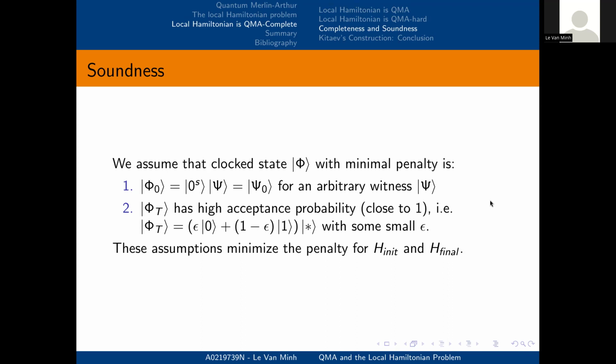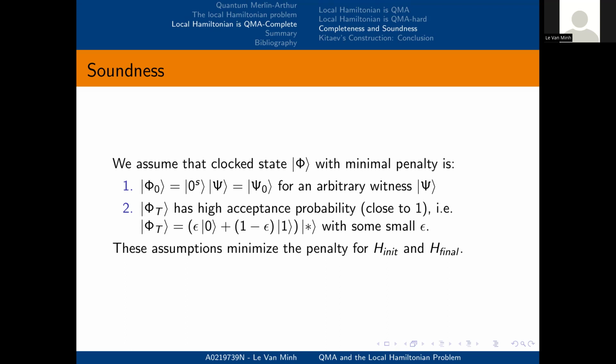We assume that the clock state phi with minimal penalty has the following property. That is, the initial state being recorded has all the qubits in the work state equal to 0 for an arbitrary witness state psi. And then we assume that phi big T, that is the final state, has a high chance of acceptance, that is close to 1.